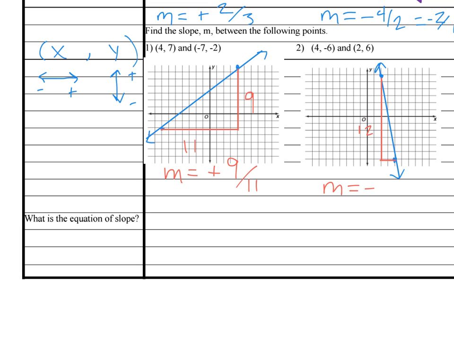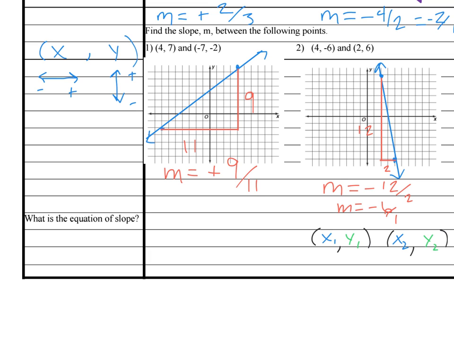And then our change from left to right, 1, 2. When we write our slope, it's the change in y over the change in x, so that would be 12 over 2. Negative 12 over 2, which is the same thing as negative 6 over 1, or just negative 6.